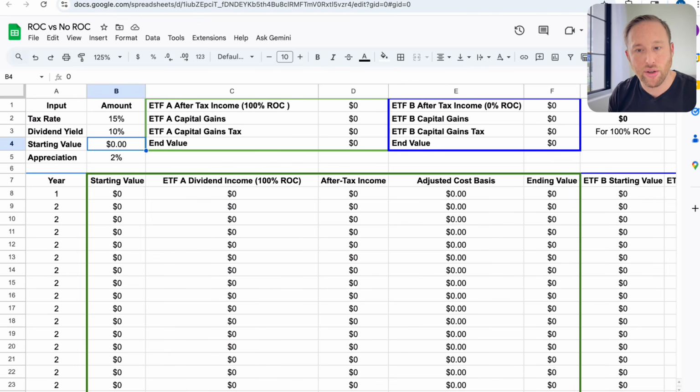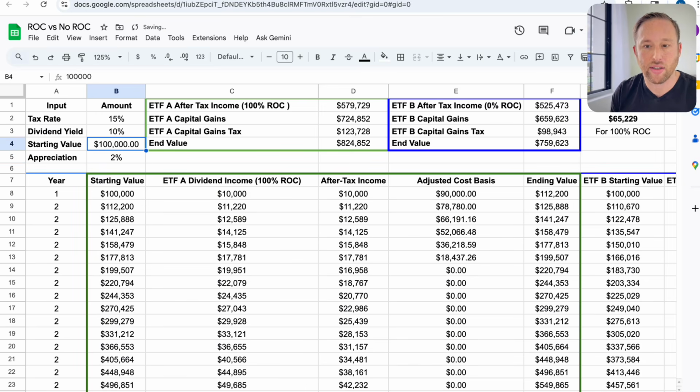Our starting value is going to be 100K, so I'm going to change this to 100K. And our ETF appreciation per year is going to be 2%. This is something like QQQI or SPYI. SPYI in a good bull run will usually do 10 to 12% in yield and maybe 1 to 2% price appreciation.